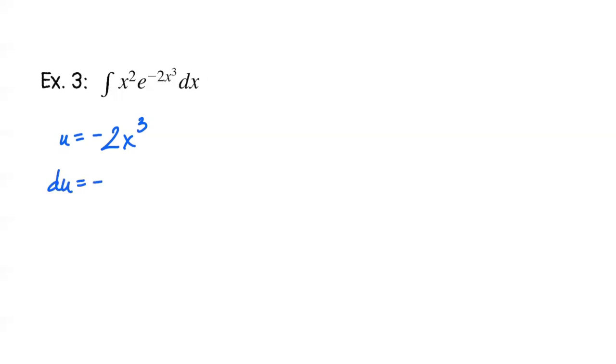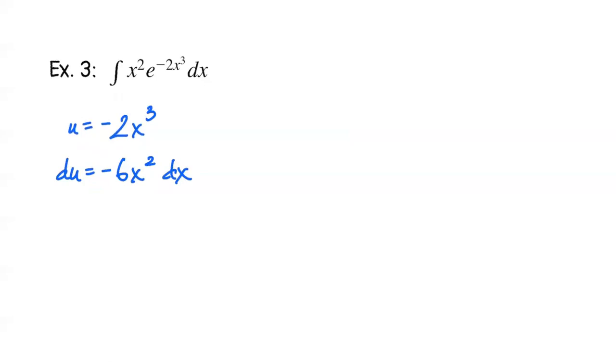We get negative 6x squared. Don't forget the dx. Now, how do I take this expression and match it perfectly to what I have in the question? Exactly. We can take that constant, and before we substitute it in, we're actually going to have to divide that away, right?